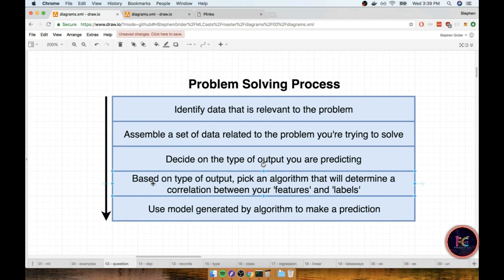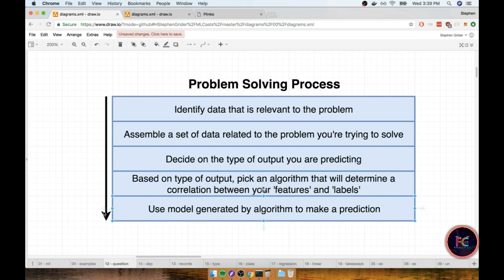Now, we're not going to dive too much into the algorithm side of things on this flow for right now, because as you might guess, that's kind of the entire point of this course, to walk through a bunch of different algorithms. But we can essentially understand that once we pick an algorithm, we're going to feed the data that we have collected into it, and hopefully our algorithm will discover some type of relationship between our different features and our single label.